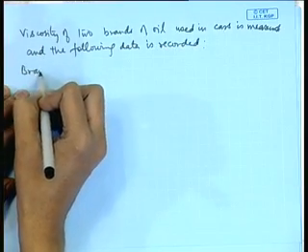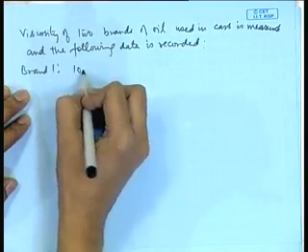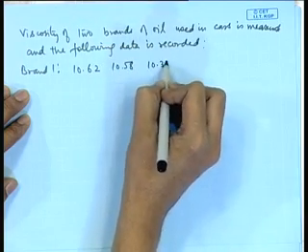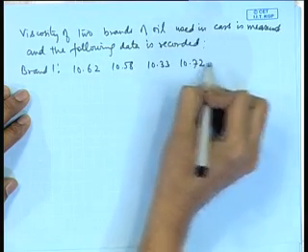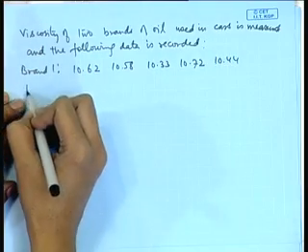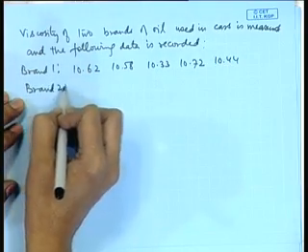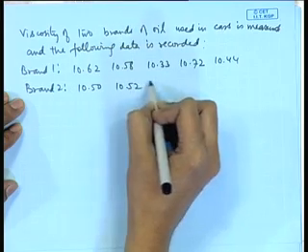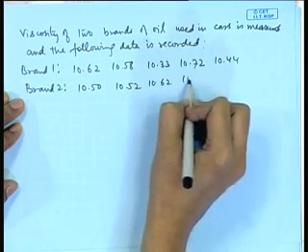So, from brand 1 you have 10.62, 10.58, 10.33, 10.72, 10.44. For brand 2 it is 10.50, 10.52, 10.62, 10.53.